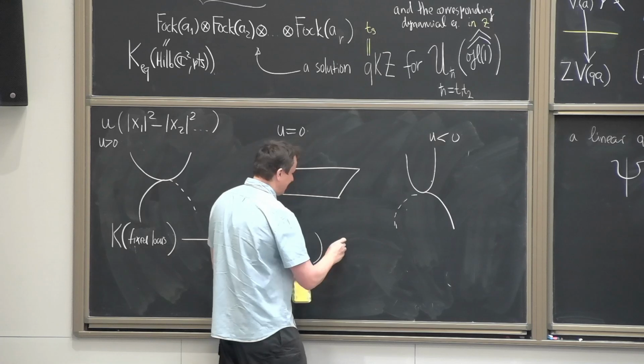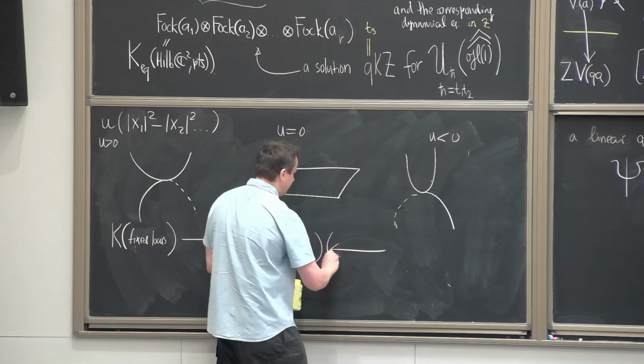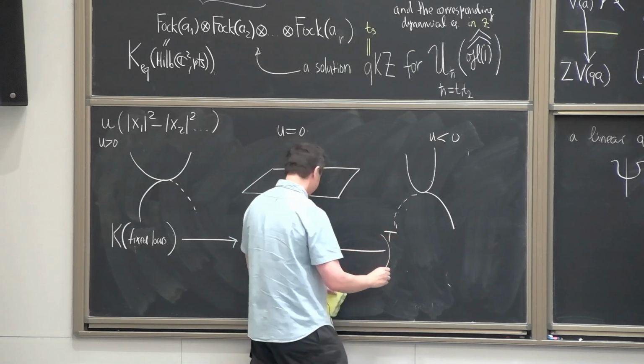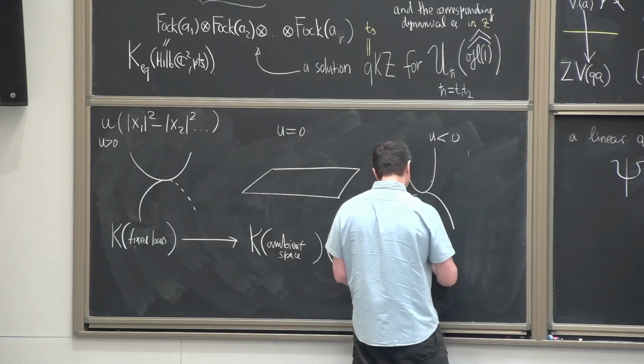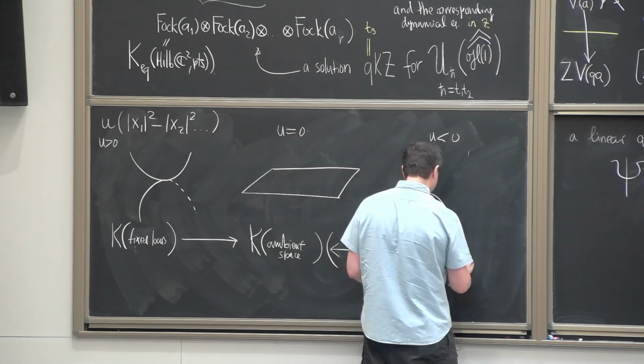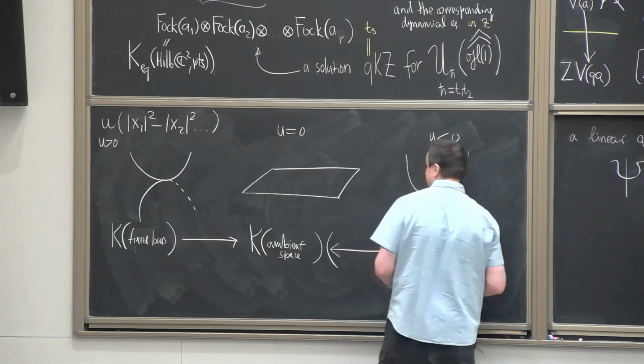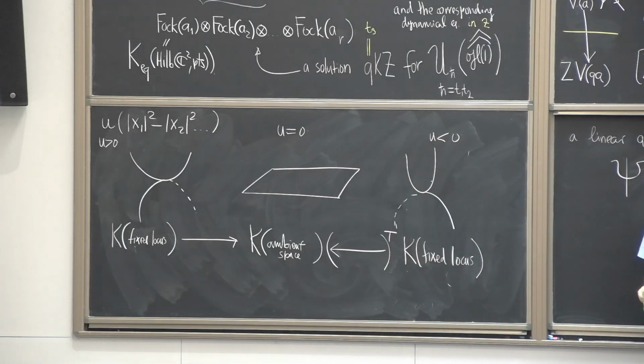I'll just write it: have this map, and I transpose, because the others are actually the K theory of the fixed locus. I've said nothing so far, just that we want this kind of map.